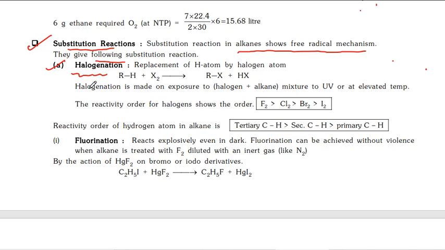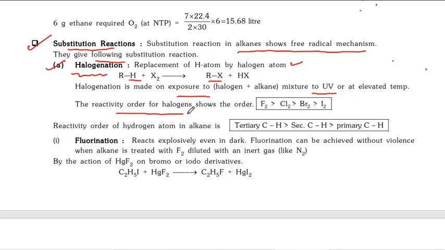These are taking place as substitution reactions, the replacement of a hydrogen atom by a halogen atom. So simply RH becomes RX. Now halogenation is made on exposure to a mixture of UV light at elevated temperature.